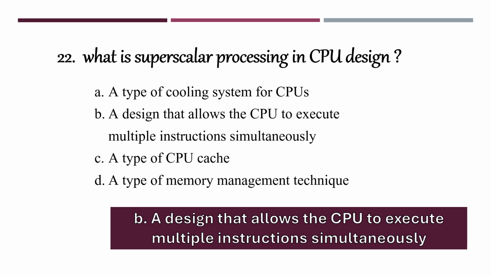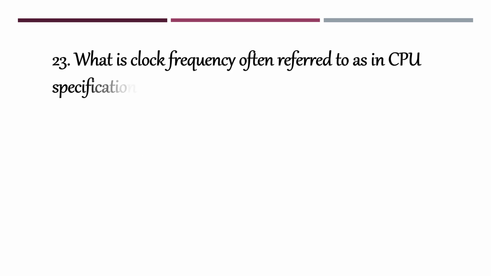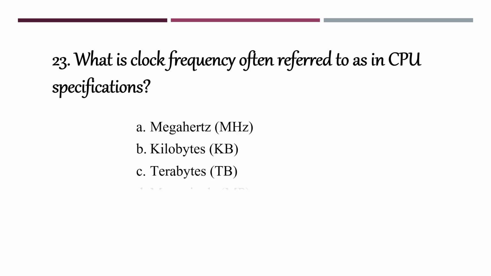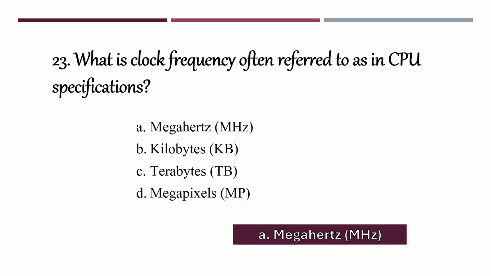Option B, a design that allows the CPU to execute multiple instructions simultaneously. What is clock frequency, often referred to as in CPU specifications? Option A, megahertz.